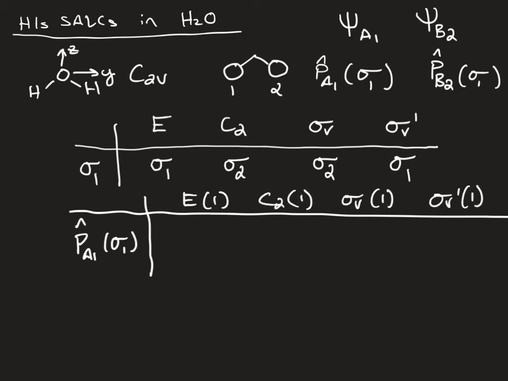It's the totally symmetric representation. So we're going to multiply these functions that we generated here by the corresponding characters and sum those together. So what we get is 1 times sigma 1 plus 1 times sigma 2 plus 1 times sigma 2 plus 1 times sigma 1.